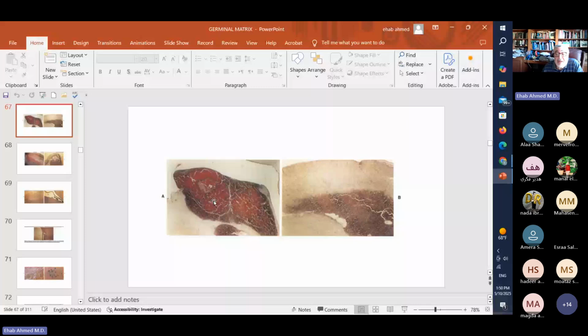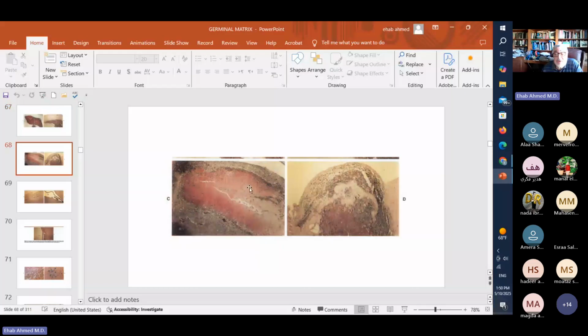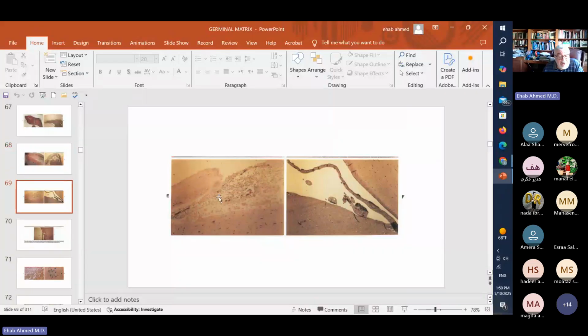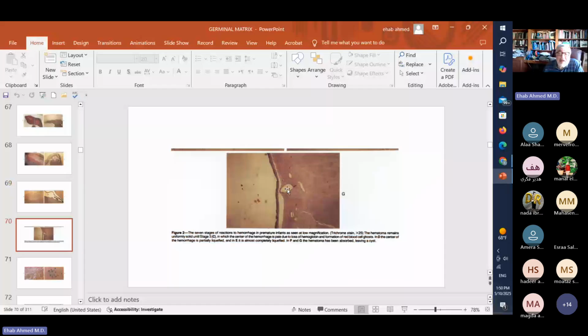excess of red cells in the first and second stages, and then hemolysis of the cells starts. You don't find red cells, but you start to find iron, and the iron will turn into hemosiderin, and then you will have a space, a cavity, and this is the wall of the cyst, and it will end up having extension into the, as we said, into the parenchyma and formation of cysts.